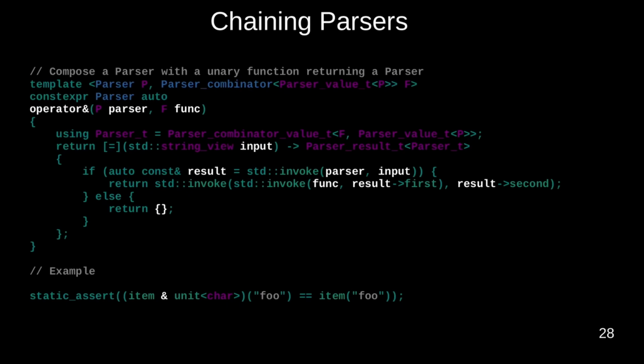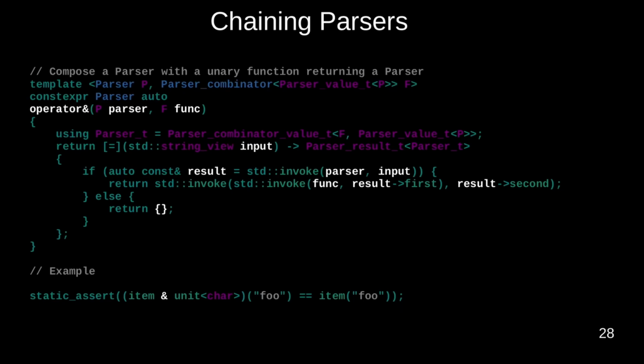You can parse languages that are not context-free, so languages where the rules change depending on what you have parsed. That's really advanced stuff, and we're not going to use it, but it's cool to know that you can do that. So the simplest example: if you parse the item parser and combine it with the unit of char parser combinator, what would happen?